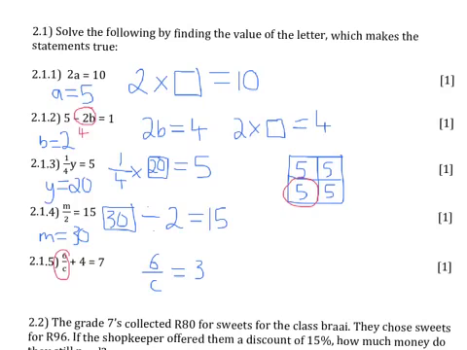So now I need to think, well, what do I need to divide 6 by to get to 3? And hopefully you can do that by inspection. 6 divided by 2 will give me 3. Therefore, c must be equal to 2. And you can put that back into the original equation. 6 divided by 2 is 3. 3 plus 4 is 7. And we're done.